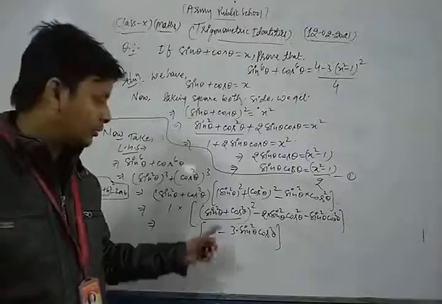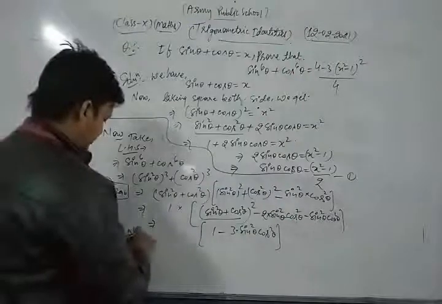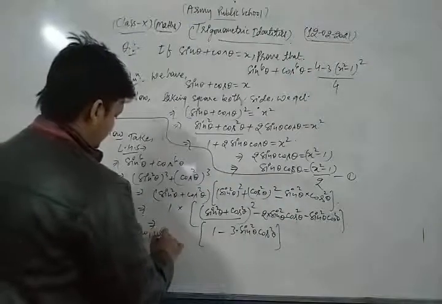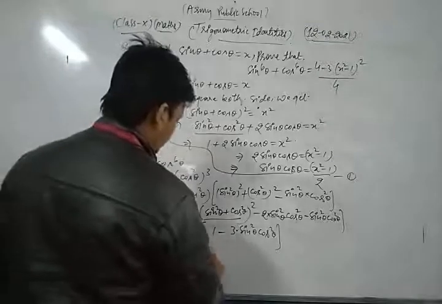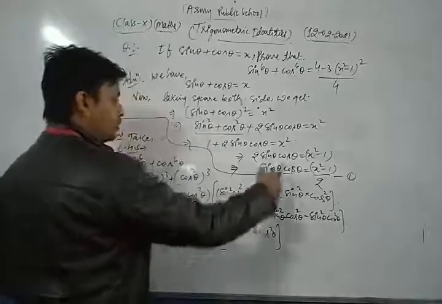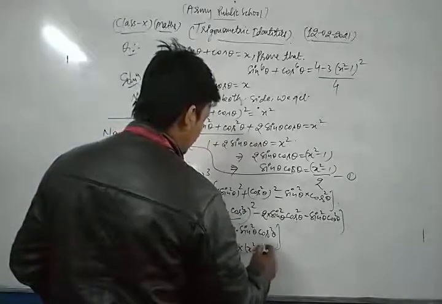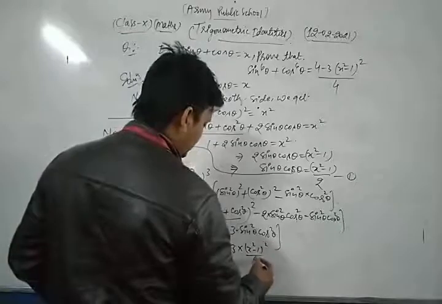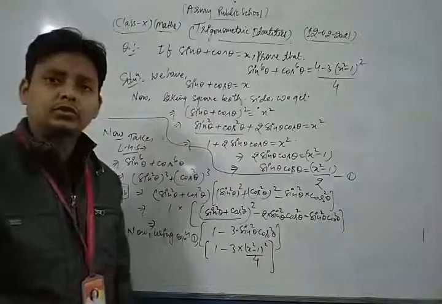Now we put the value, using equation 1. So 1 minus 3, and the value of sin into cos is x square minus 1 upon 2, so we get 3 into x square minus 1 whole square upon 2 to the power 4. Because this is squared, we write sin into cos whole square.